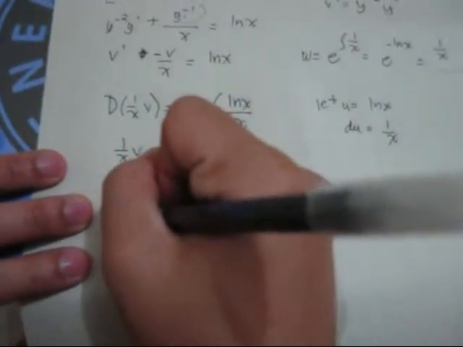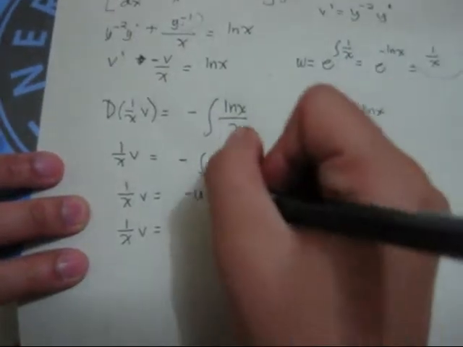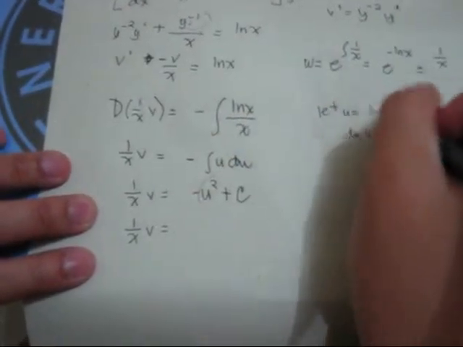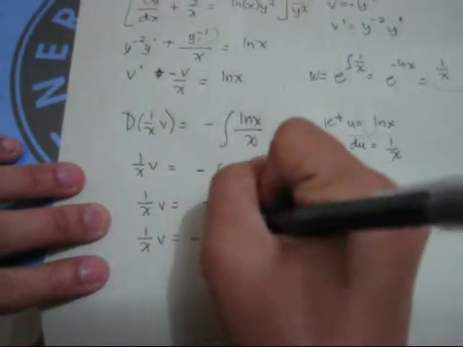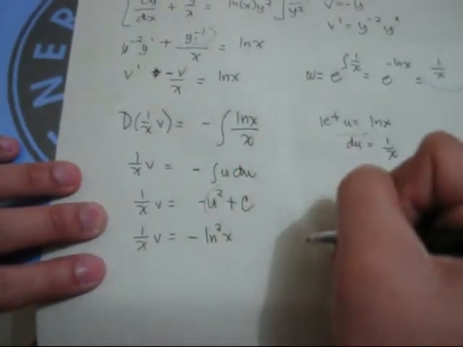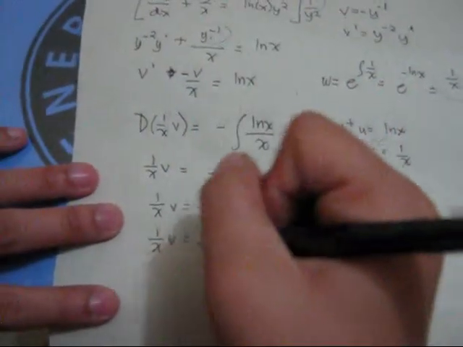Going back to this, 1 over x v equals negative ln squared x plus c.